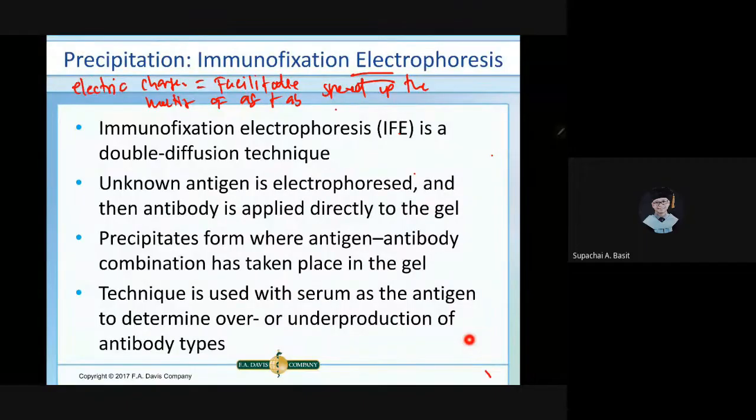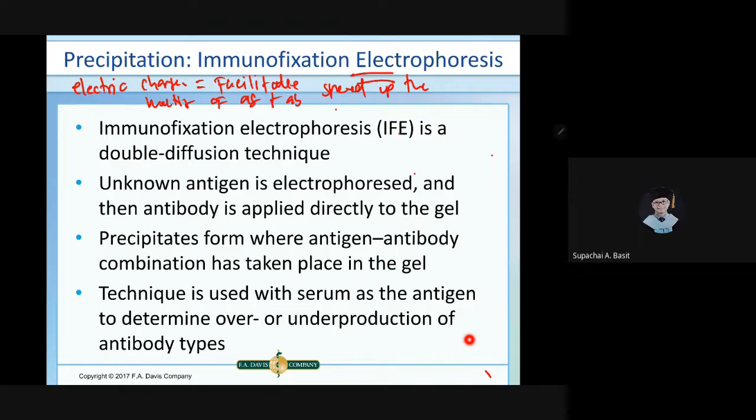But here, in immunofixation electrophoresis, you just need to wait for several hours, not for a day, not for 3 days. So the principle is that a known antigen is allowed to electrophorese, and then the antibody is applied directly to the gel. So that is immunofixation electrophoresis.